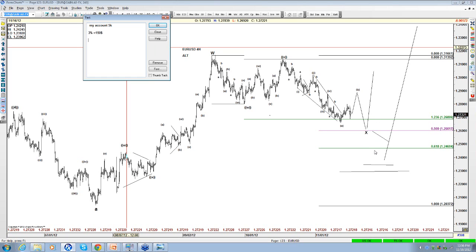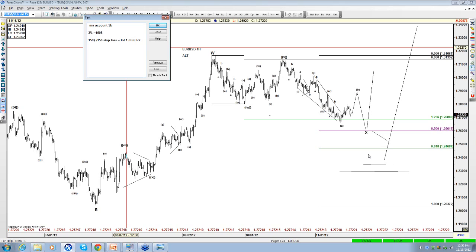I'm going to put my stop at 1.2450. So you say $150 divided by the amount of pips that you have, which is a 150 pip stop loss, equals your lot size, which when you divide that, says that you need to trade with 1 mini lot. And then you take a long swing with a $5,000 account.